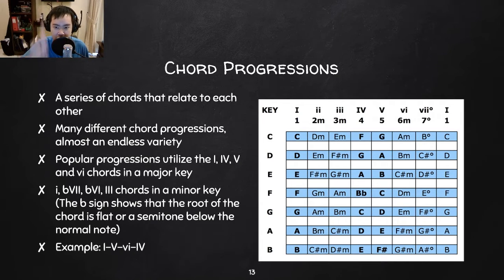So like I said, major 1, minor 2, minor 3, major 4, major 5, minor 6, diminished 7, that's just going to be in a major key. However, these are going to be different if we're talking about a minor scale, a Mixolydian mode or whatever, right? So I highly suggest that you look this up for minor. However, just note that you can perfectly write something in minor just looking at this.